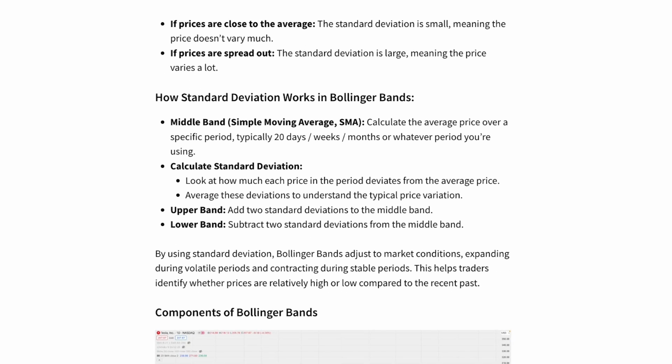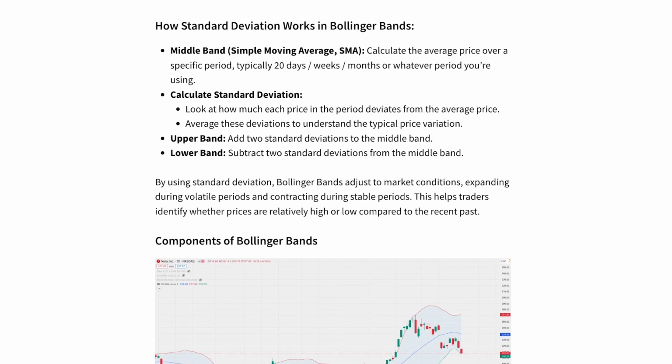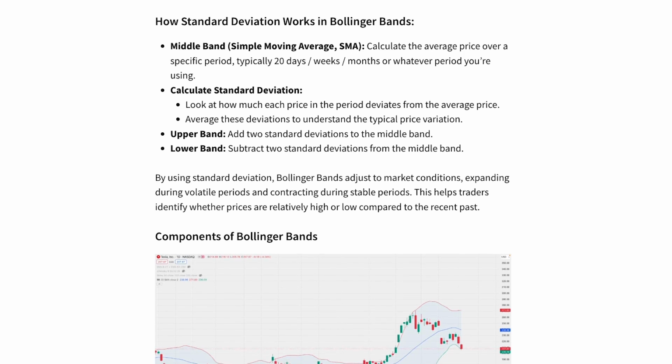So how the standard deviation works with the Bollinger Bands: that middle line is a simple moving average. It calculates the average price over a specific period. Again, 20 days or weeks or months, whatever period you're looking at. And then to calculate the standard deviation, you look at how much each price in the period deviates from the average price, and then average these deviations to understand the typical price variation.